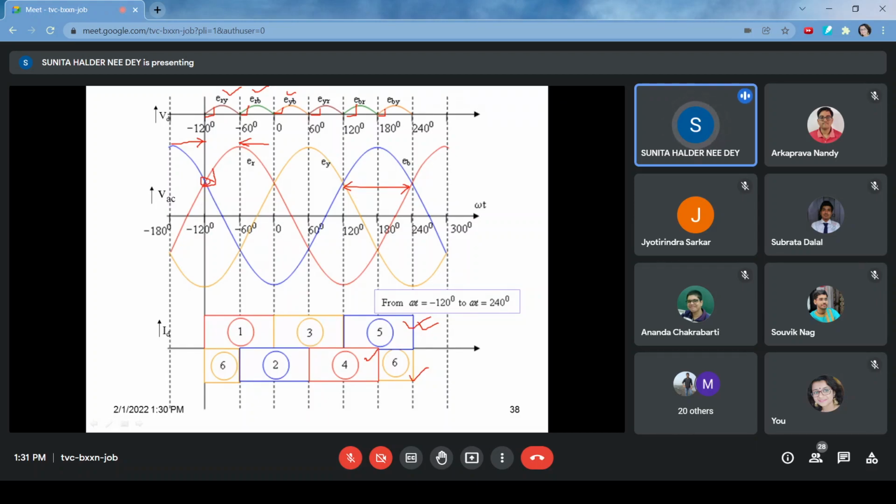We cannot change the delay angle from one phase to another. So in this way we can get the controlled DC voltage at the output. If we had used ordinary diodes instead of thyristors, then this DC voltage would not be controllable. But why do we need controlled DC voltage? Because we want to control the sending end voltage and receiving end voltage. Okay, so that's why it is needed.